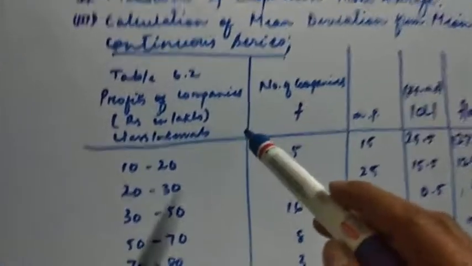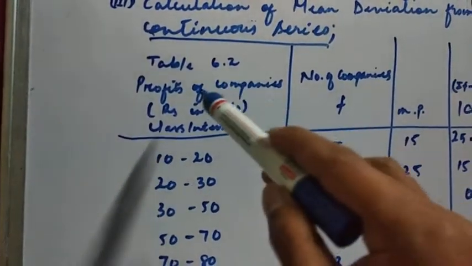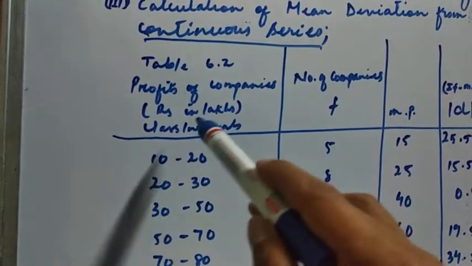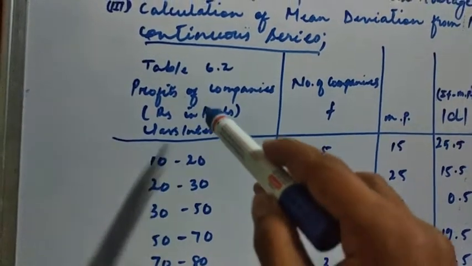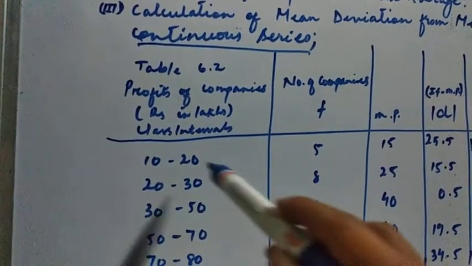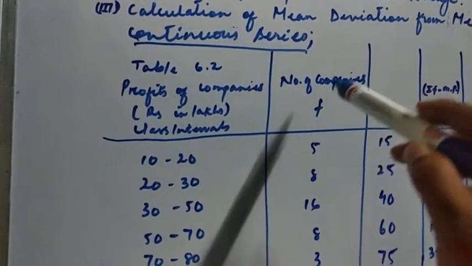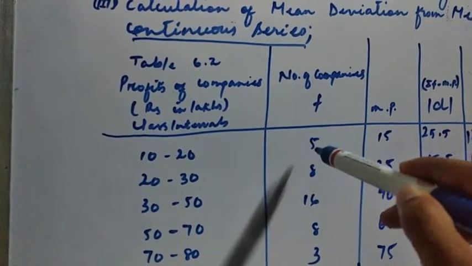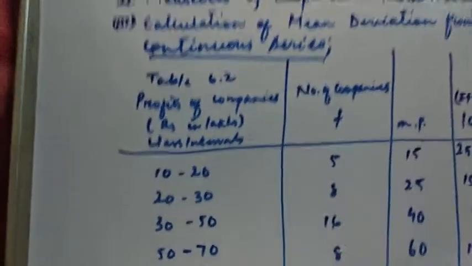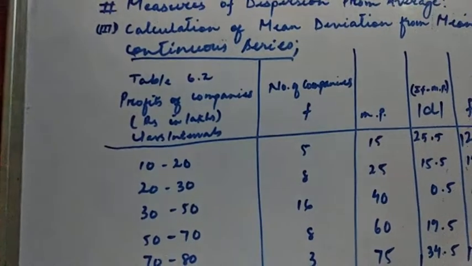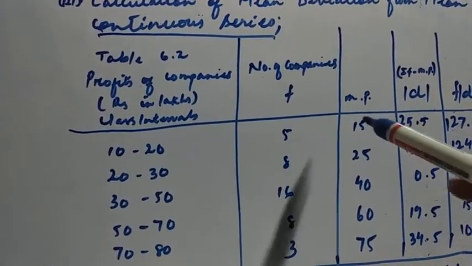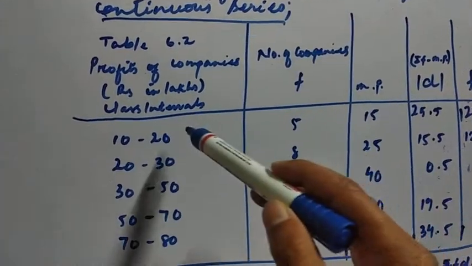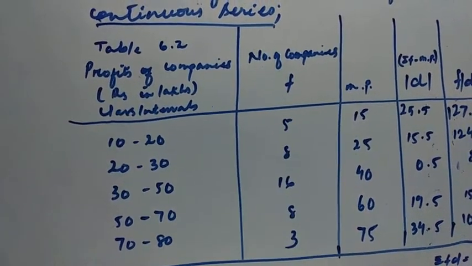So the question is given here. The profit of companies in rupees and lakhs is given, 10 lakhs to 20 lakhs, and the number of companies, the frequency, is given here. When it comes to continuous series, first find out the midpoint of the class interval.